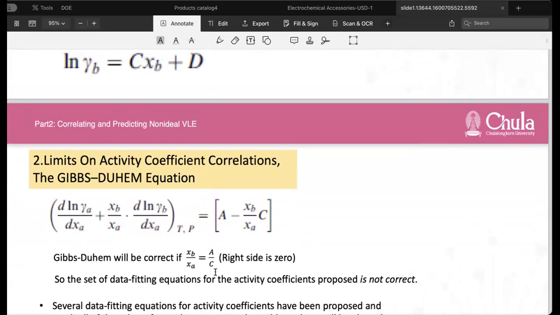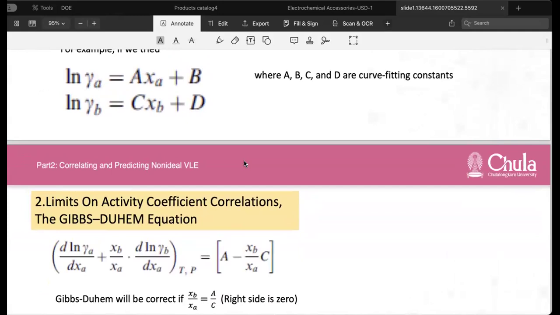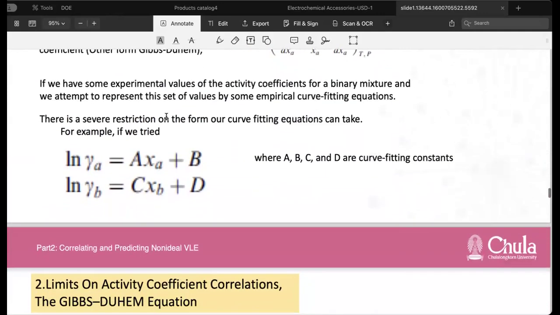That means xb over xa varies from infinity to 0, so it's impossible to model every point with this type of equation. In conclusion, this linear model of log gamma A and log gamma B cannot be used because it does not follow the Gibbs-Duhem equation. Do you get my point?